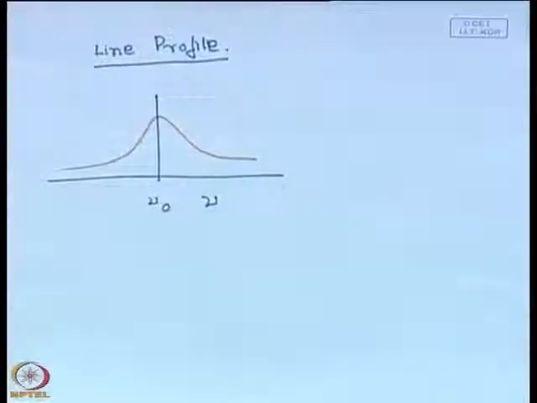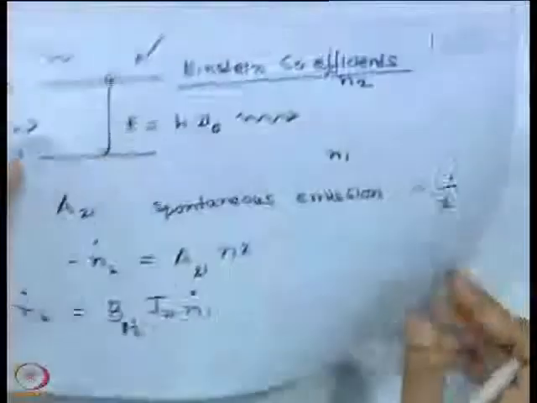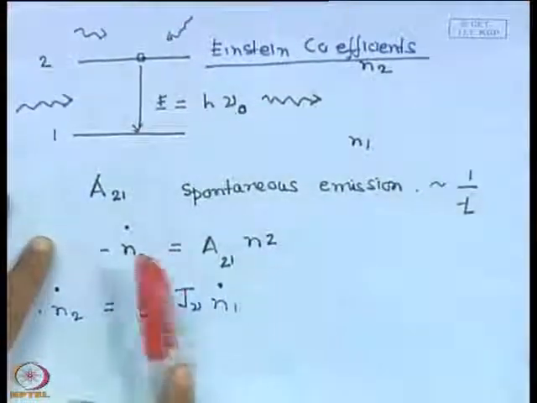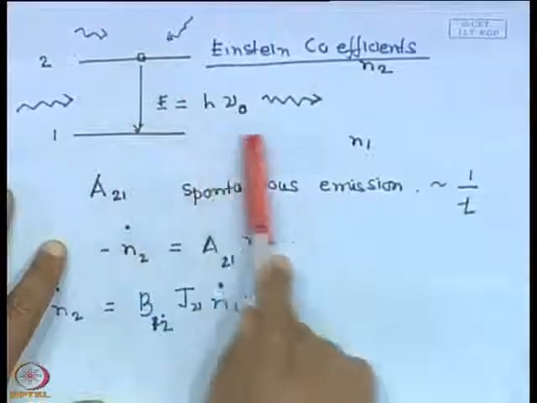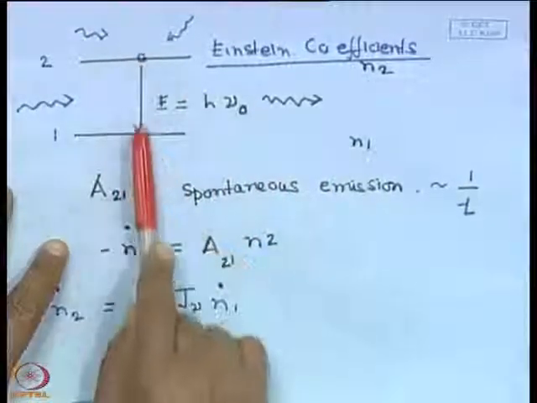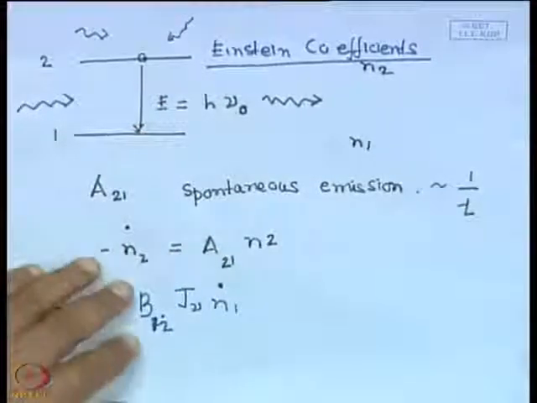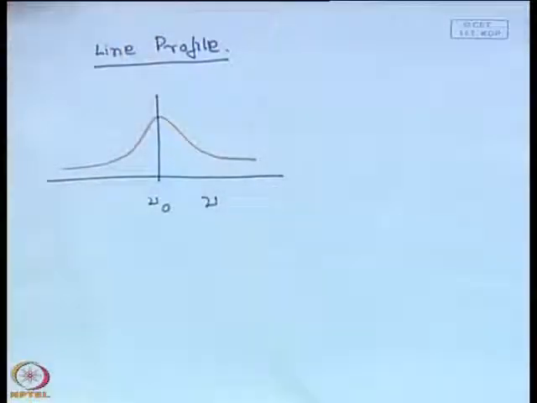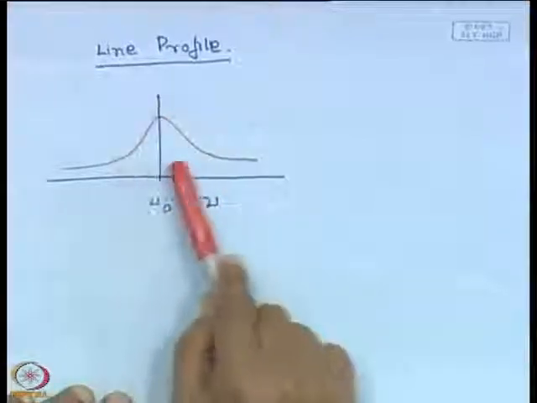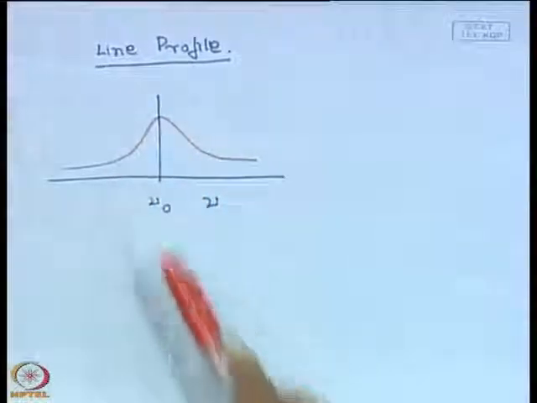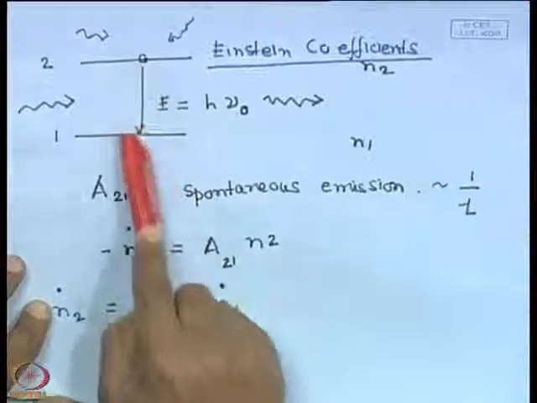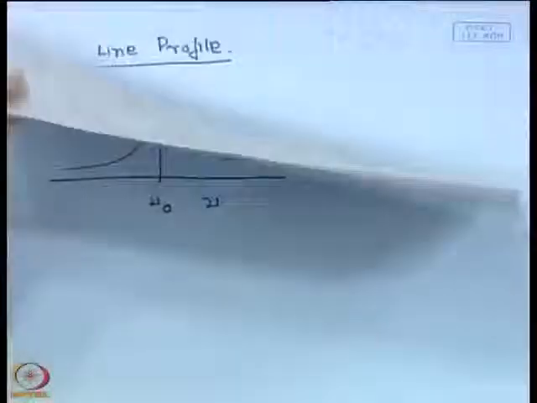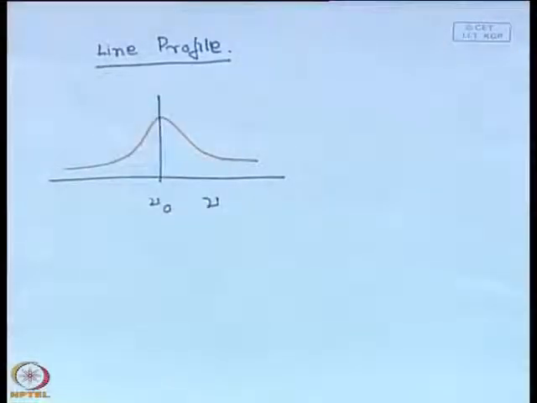So typically my atom or my system will absorb radiation in some spread of frequencies around nu naught, where nu naught is the characteristic frequency of this transition, and this spread of frequencies is what I have shown over here. There will be a finite spread of frequencies in which radiation will be absorbed. There will also be a finite spread of frequencies in which the radiation, when spontaneous emission occurs, is emitted, and this is called the width of the transition.